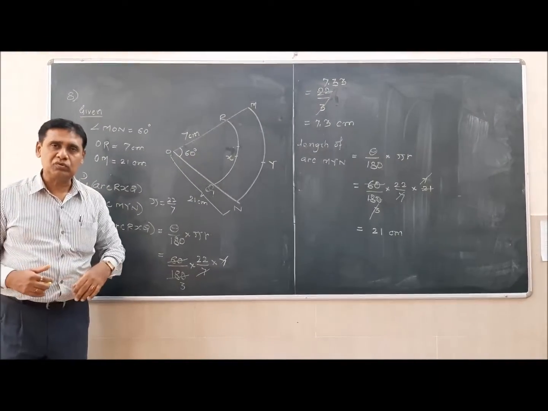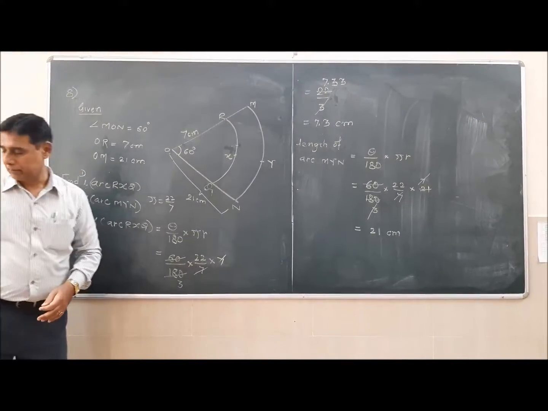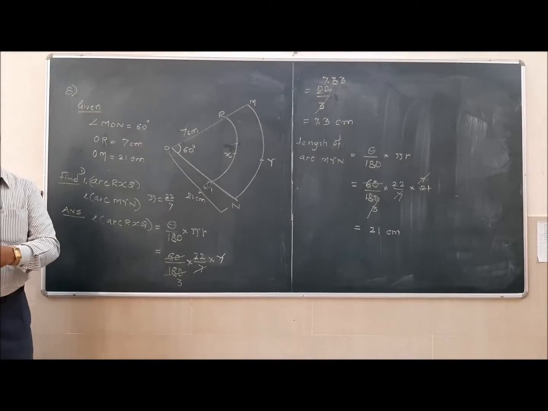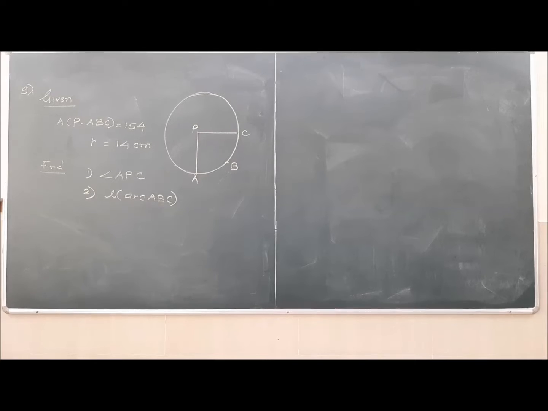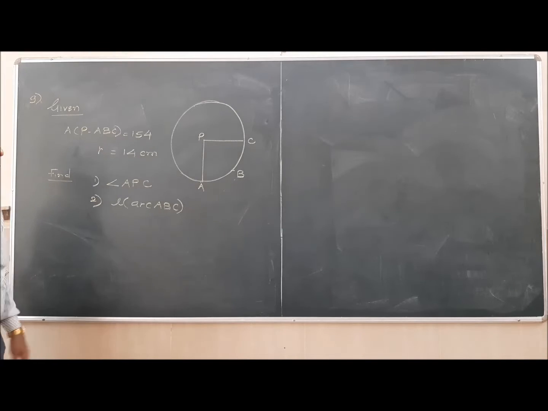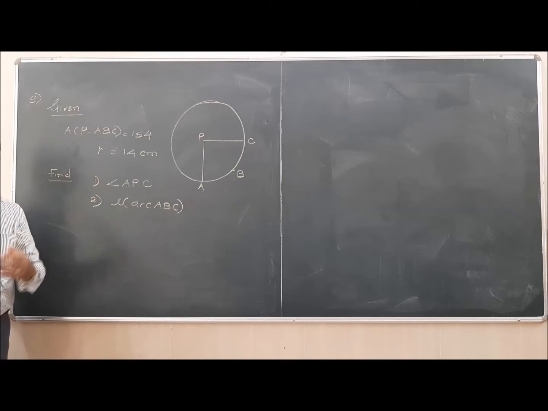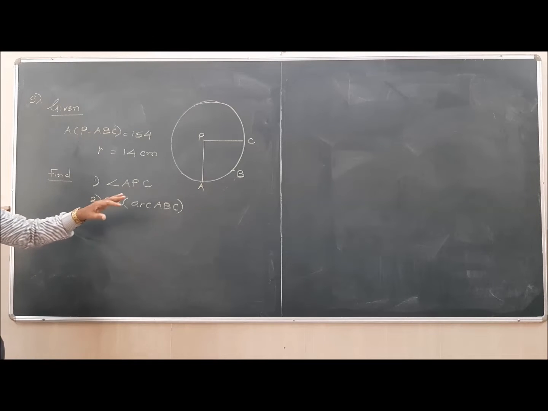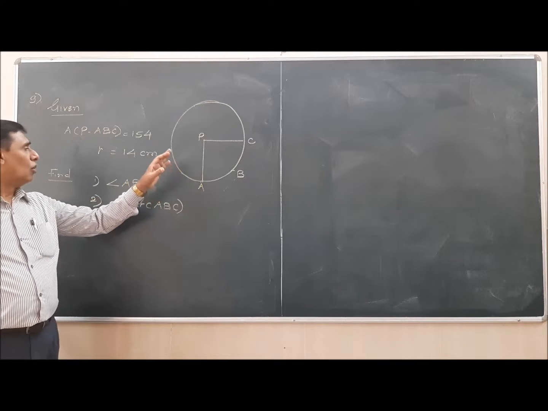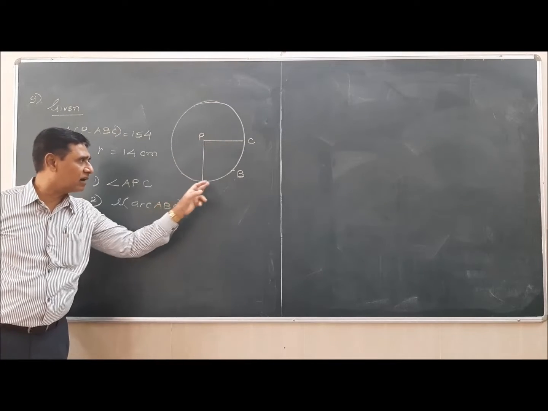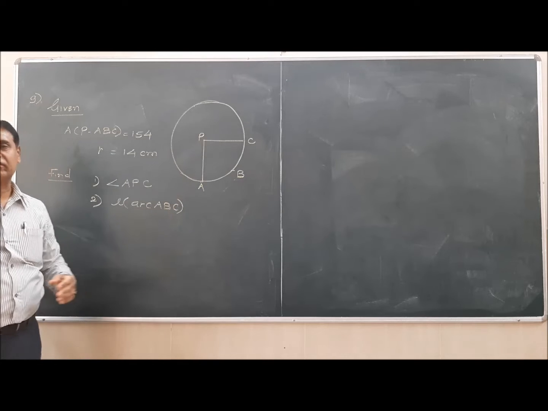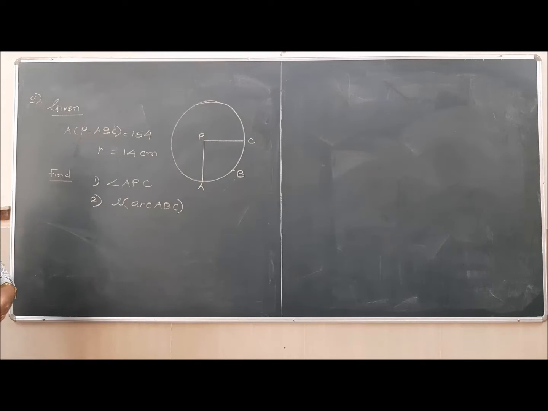Now I am going to do question number 9. This is question number 9 of exercise 7.3. In this case, they have given us the area of a sector with center P bounded by arc ABC as 154 centimeters square.